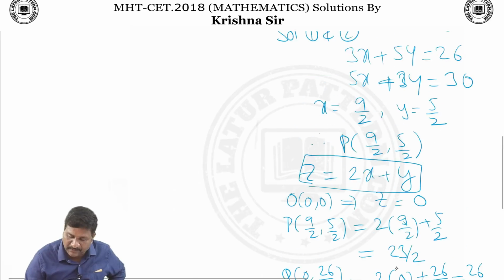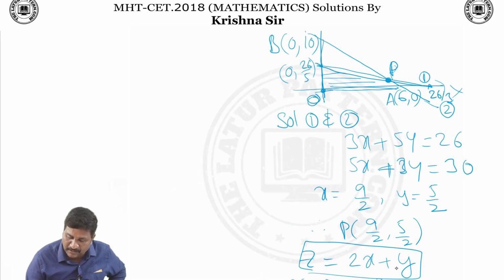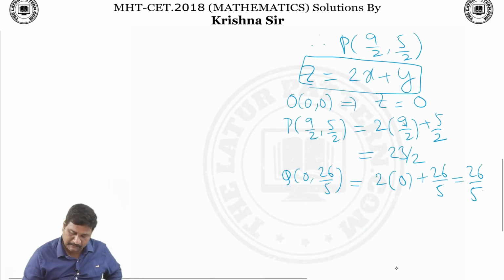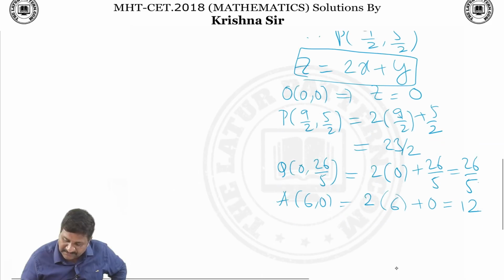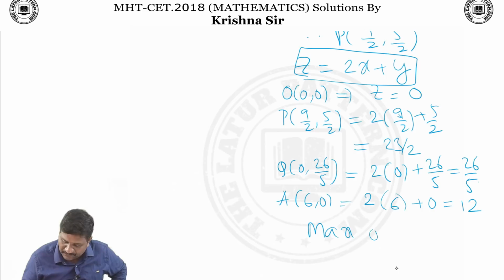Another corner value is (26/3, 0). And A (6, 0), that is 2 into 6 plus y is equal to 0, so 12. From all these four values, the maximum value of Z is equal to 12.